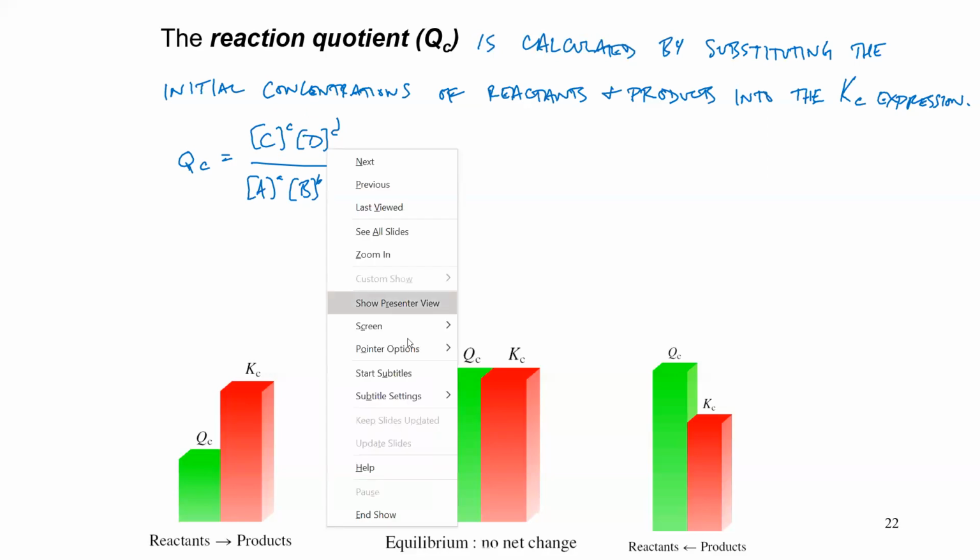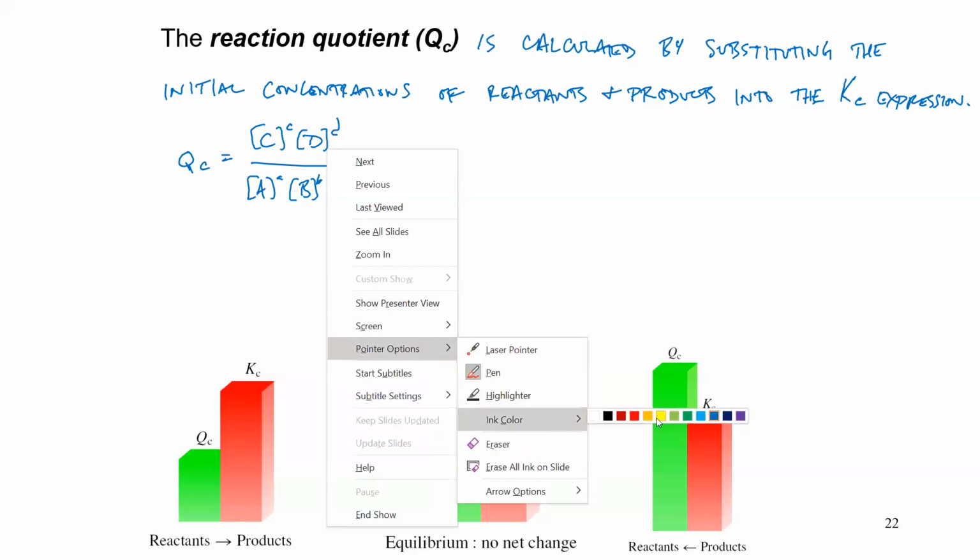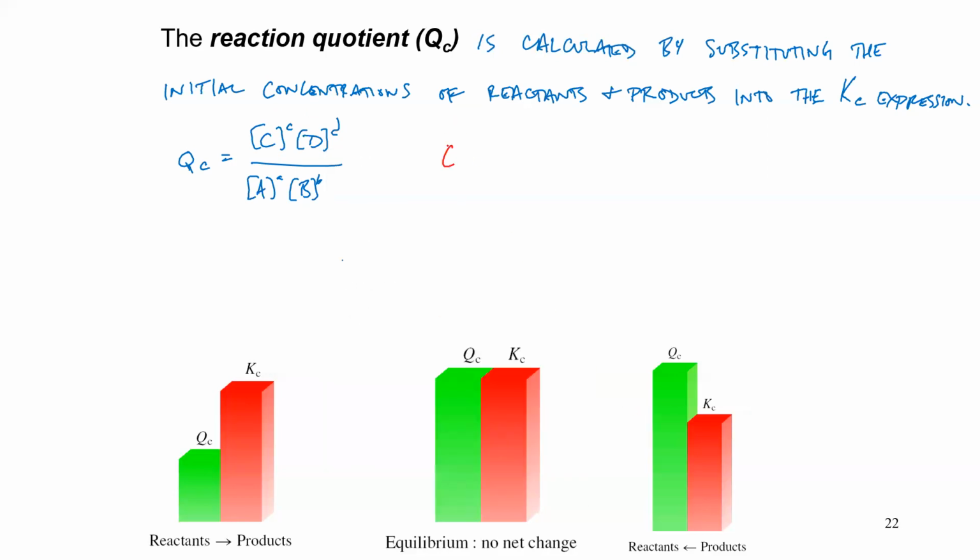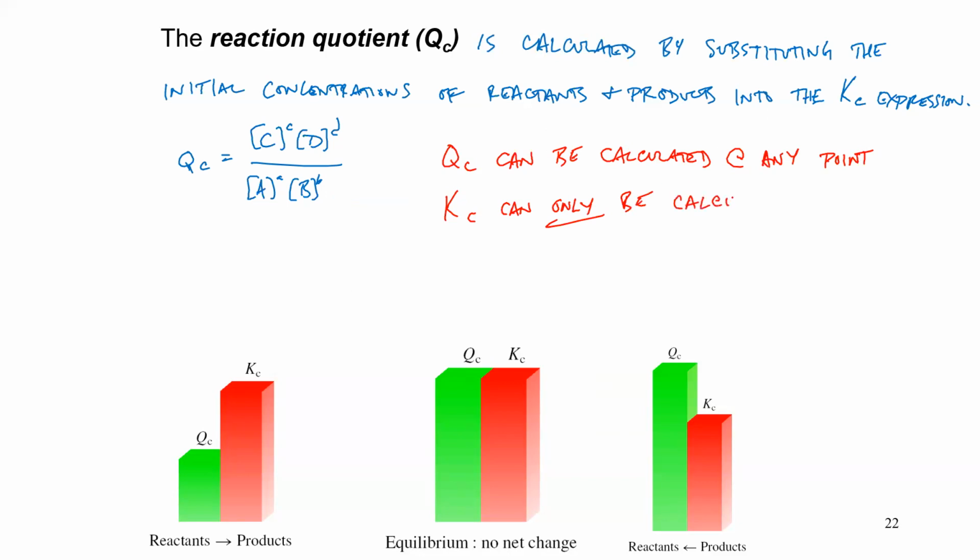And so I'm going to put here that the only difference between Q and K is that Q can be calculated at any point in the reaction, right? K can only be calculated when you're at equilibrium.